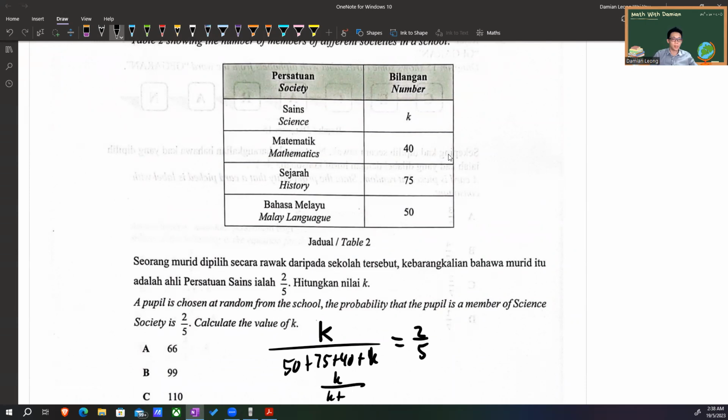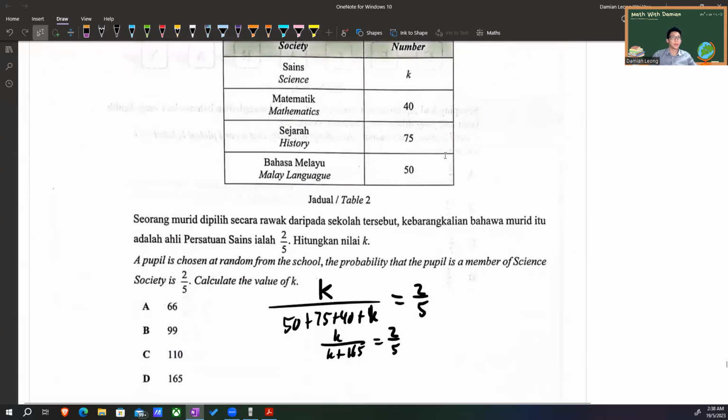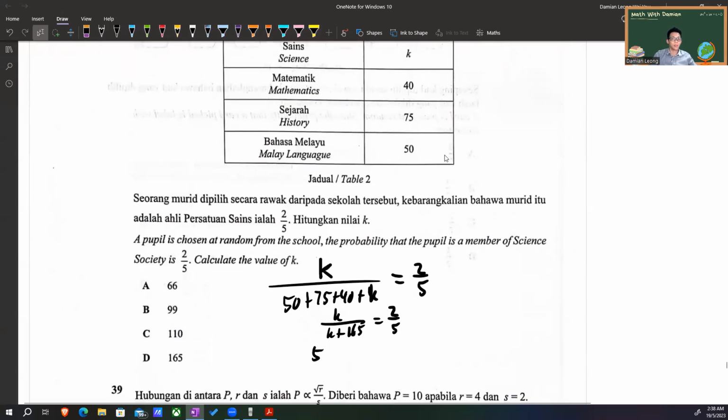So K over K plus 165 equals 2 over 5. I can cross multiply. 5K is 2 times K plus 165. 5K is 2K plus 330.